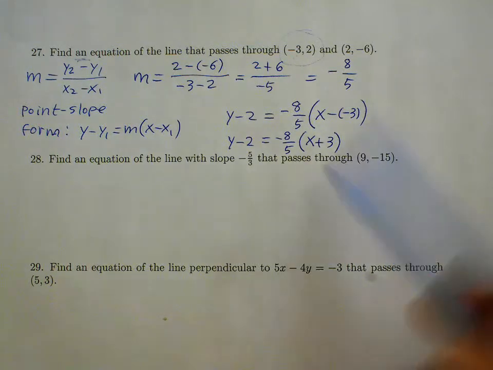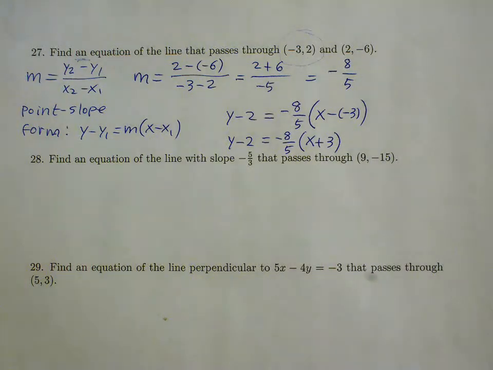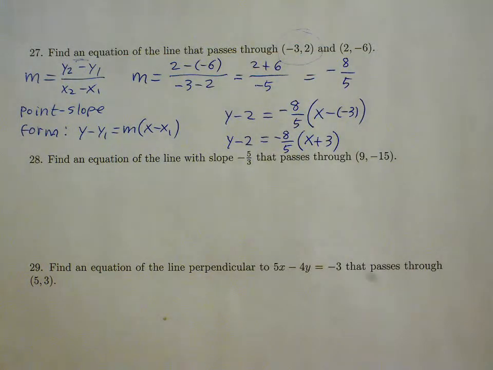If you haven't proven that to yourself, it's probably worth doing sometime. If there's time, we can come back to that, and I'll show you that the two lines really are the same line, regardless of which point we pick for the point slope form.